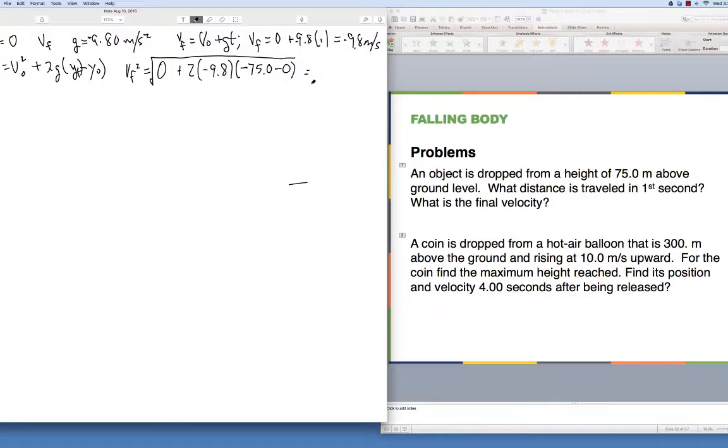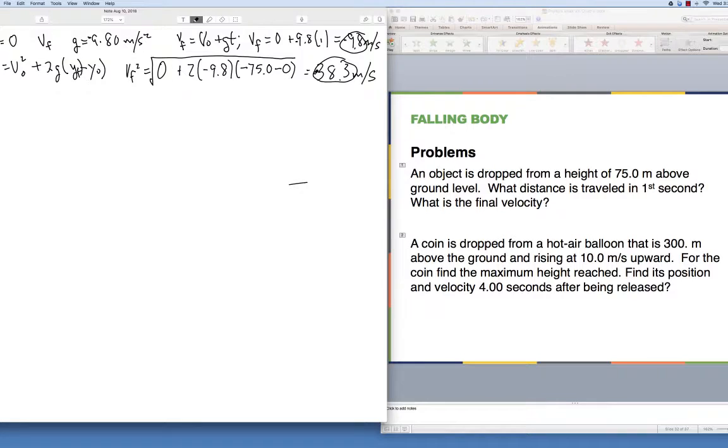So if we take 75 times 9.8, and the two negatives there cancel each other out, times 2, and we take the square root of that number, we get 38.3 meters per second. So the velocity when this object that's dropped hits the ground is 38.3 meters per second.